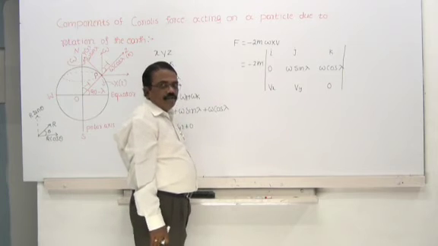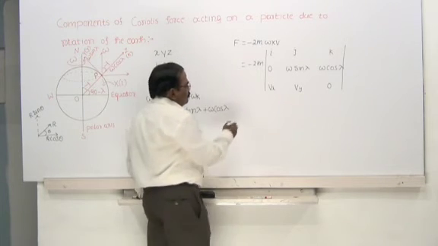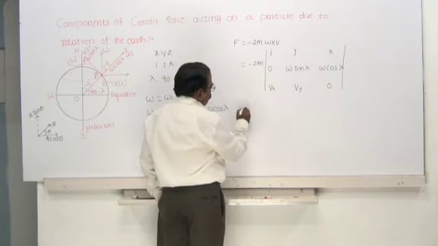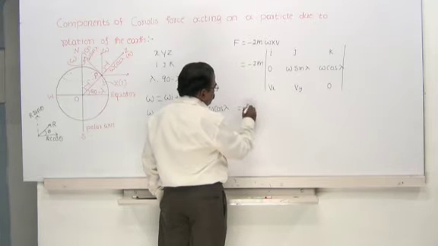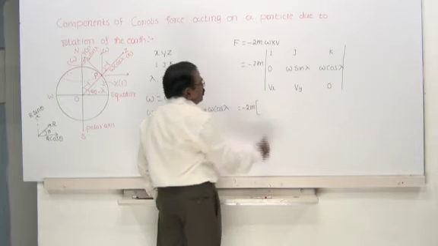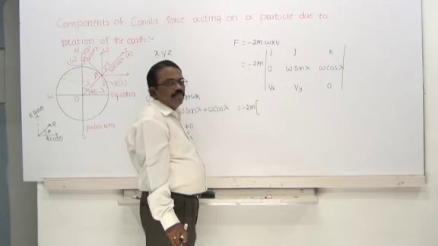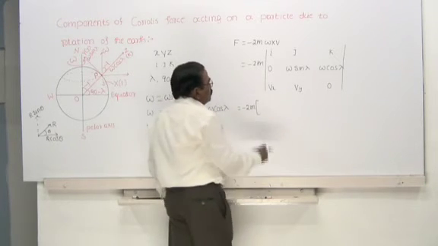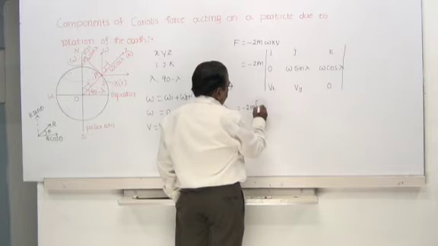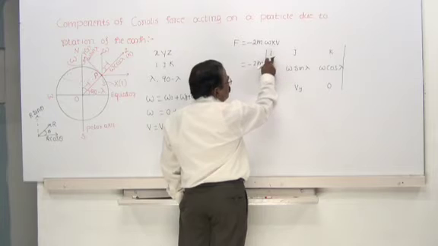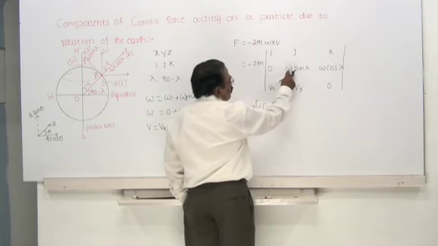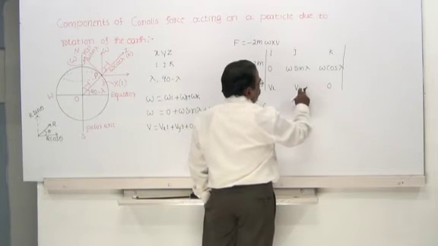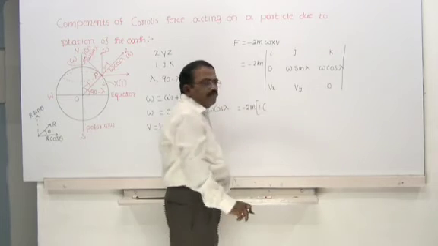And let us simplify this. This is minus 2m inside the bracket. For i, it is the product of this minus the product of this.